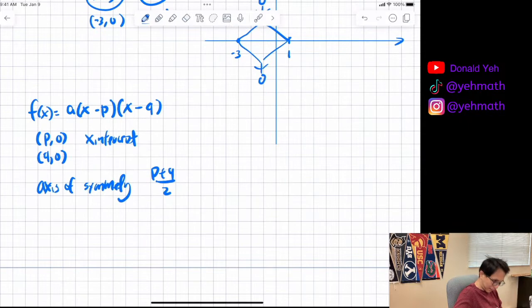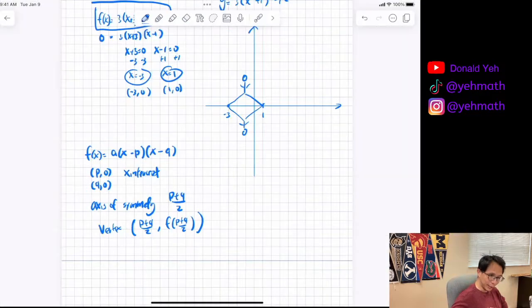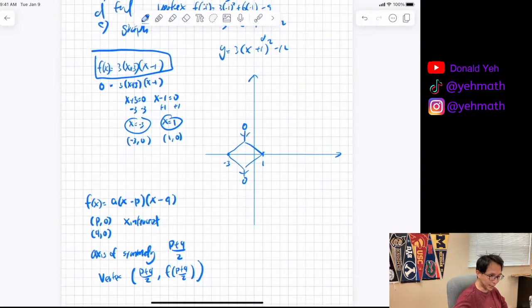Now, you can also find the vertex. The vertex is going to be P plus Q over 2, then plug P plus Q over 2 into the function. That means plug in the value, and in this case I can figure out where the vertex is.